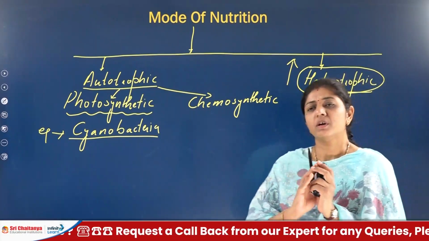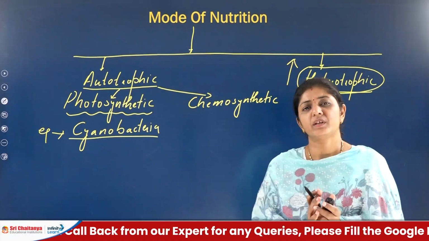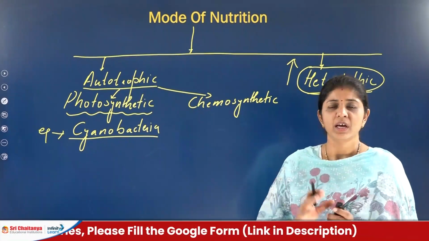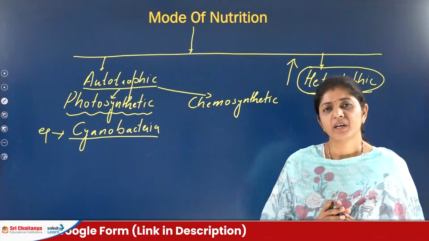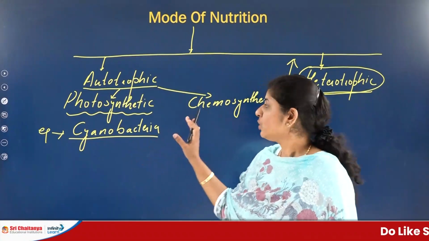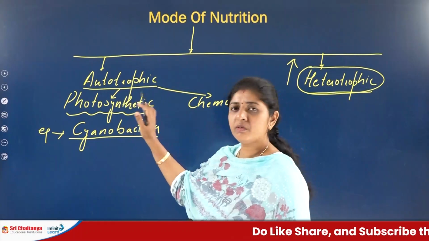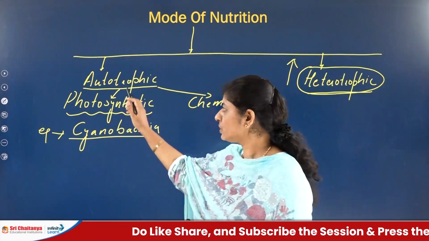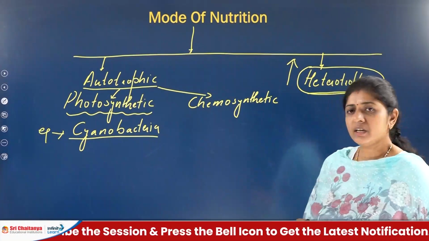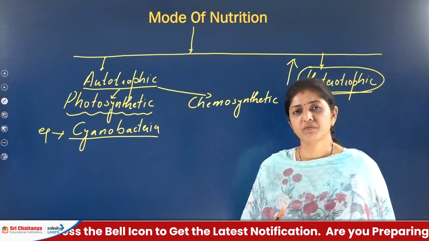So don't club all the things together. Don't think that cyanobacteria is separate from eubacteria. It is a type of eubacteria which is showing the photosynthetic autotrophic mode of nutrition. Now in that cyanobacteria, you have some special features.